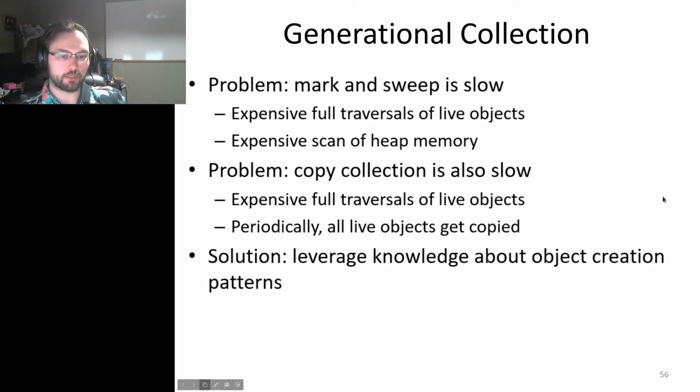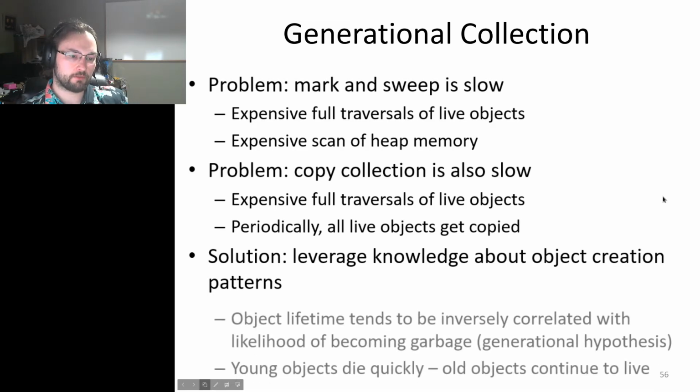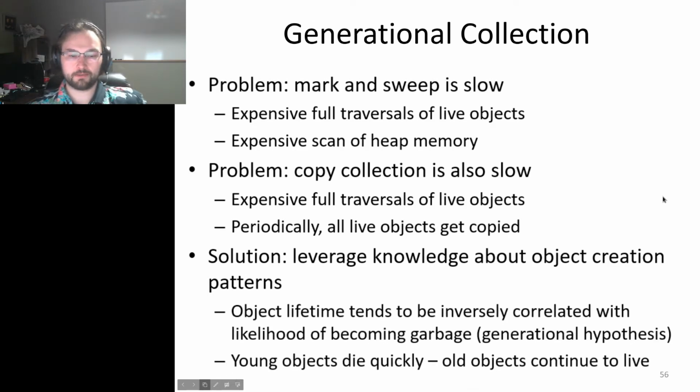So the next trick that we can do is we can notice a real common property about objects in computer programs, and that is that object lifetime tends to be inversely correlated with likelihood of becoming garbage. Young objects tend to die before they get old.